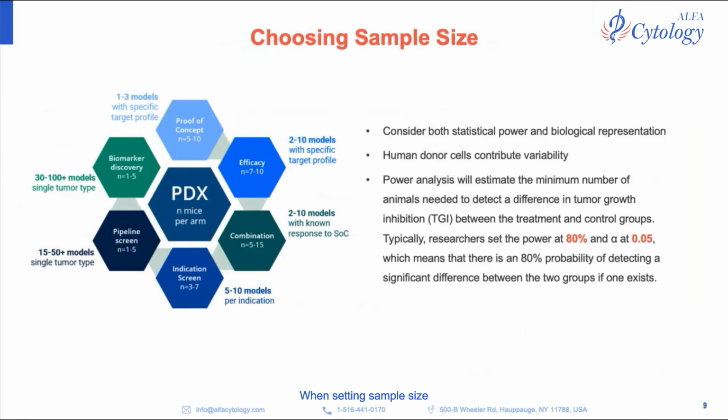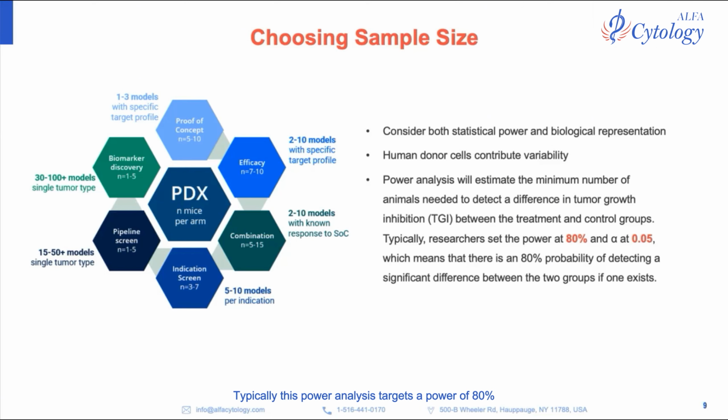When setting sample sizes, we aim to balance statistical power with biological representation. A sample size that is too small may lead us to miss meaningful differences, while a sample size that is too large could result in unnecessary use of resources and risk ethical concerns. To find this balance, researchers often conduct a power analysis.